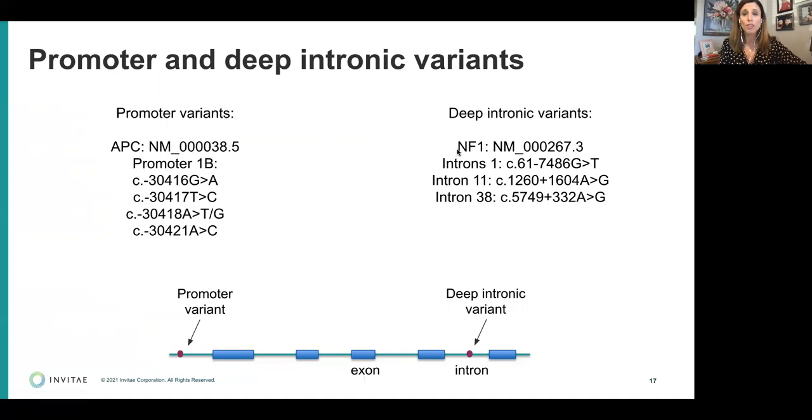And then for the NF1 gene associated with neurofibromatosis type 1, there are some well-described intronic or deep intronic variants in intron 1, 11, and 38 that have been associated with neurofibromatosis. So the assay for NF1 needs to ensure that they are looking at these deep intronic regions for these variants.